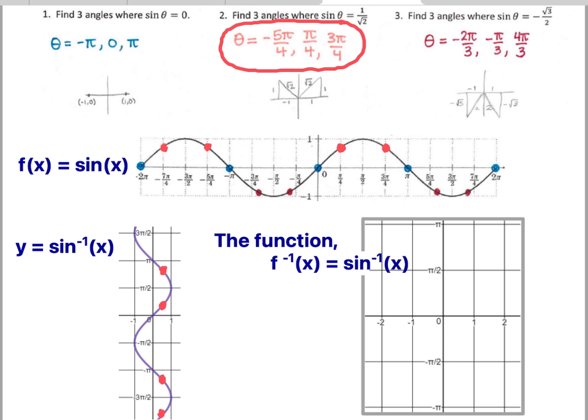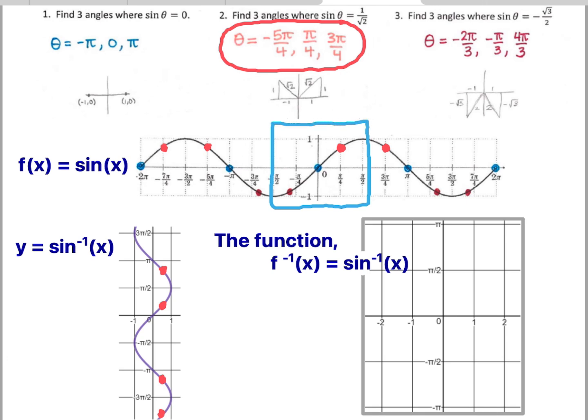Well, that breaks the laws, right? So what we wind up doing is we have to restrict the domain of the original function so that we get an inverse that we can call the official function f inverse of x. The way they've decided to do it for inverse sine is they zoom in on just this chunk of the sine graph.